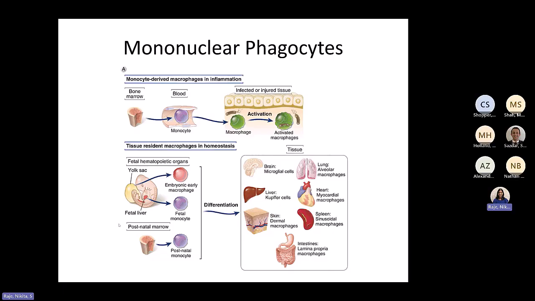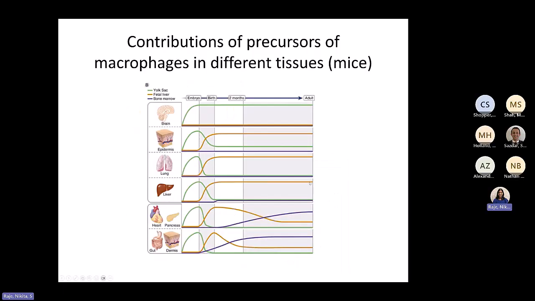So again, a little bit different function and how their origin starts. If you look at the contribution of the precursors of macrophages in different tissues, you see how they are different.